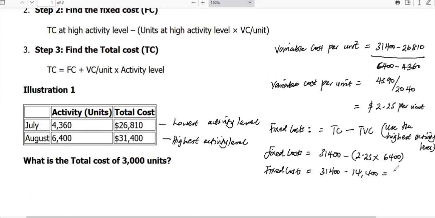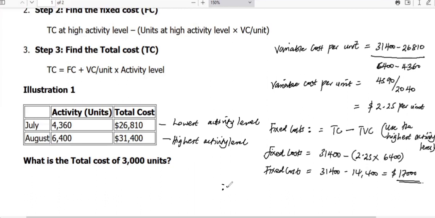So our fixed costs, we have $17,000, meaning that out of the 31,400 total cost in August, 17,000 is fixed, and of course 14,400 is your variable costs.